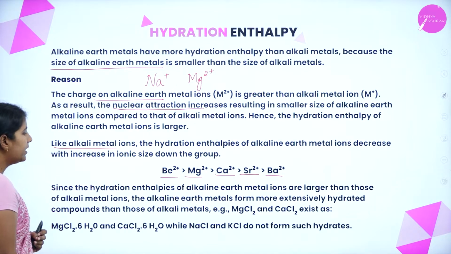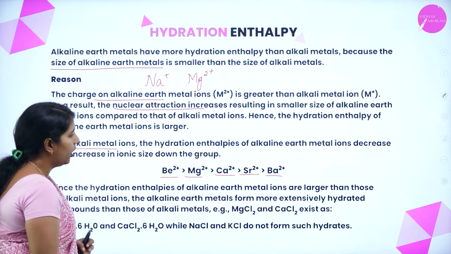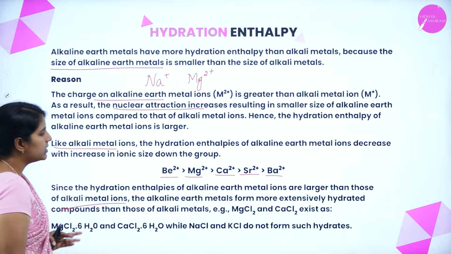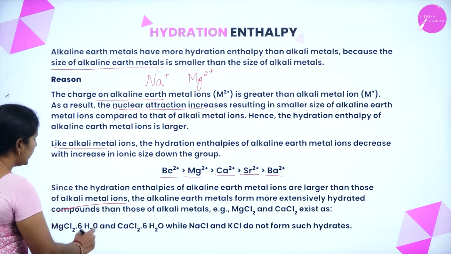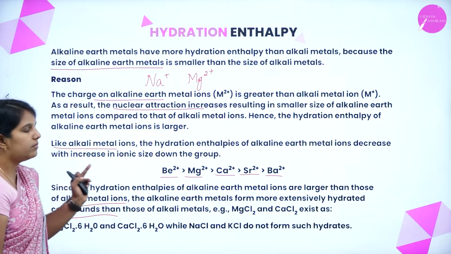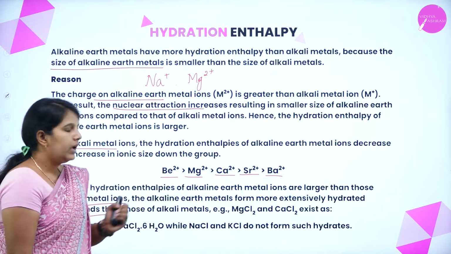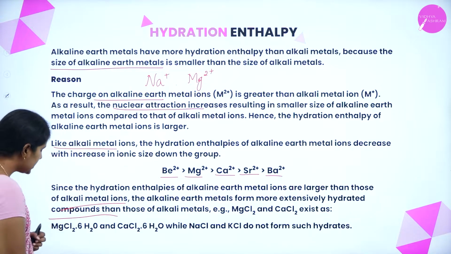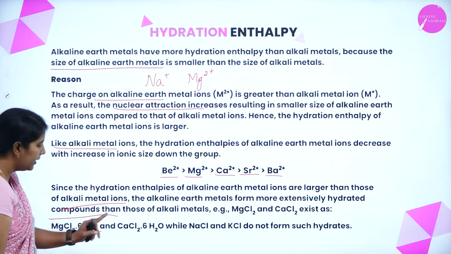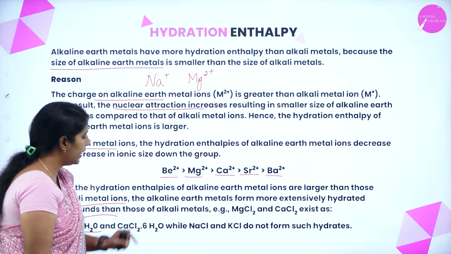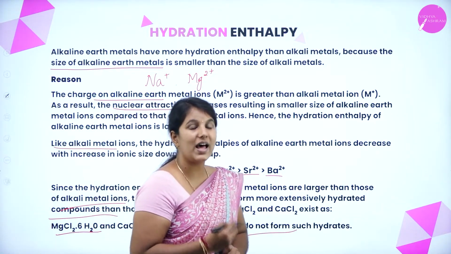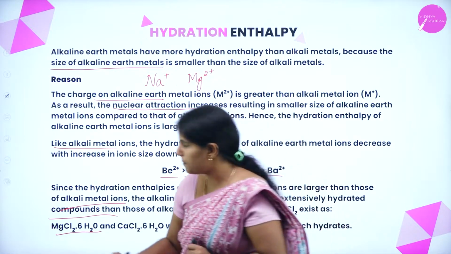Since the hydration enthalpy of alkaline earth metal ions is larger than that of alkali metal ions, alkaline earth metals form extensively hydrated compounds as compared with the alkali metals. For example, magnesium chloride can form magnesium chloride hexahydrate, calcium chloride hexahydrate, while sodium chloride and potassium chloride do not form these hydrates. It is very, very important.